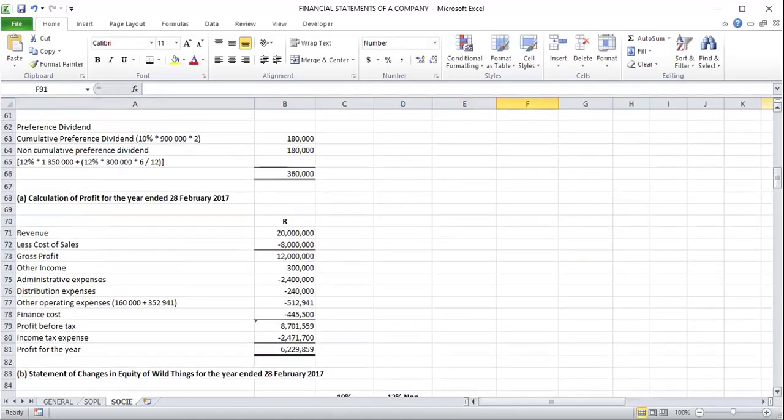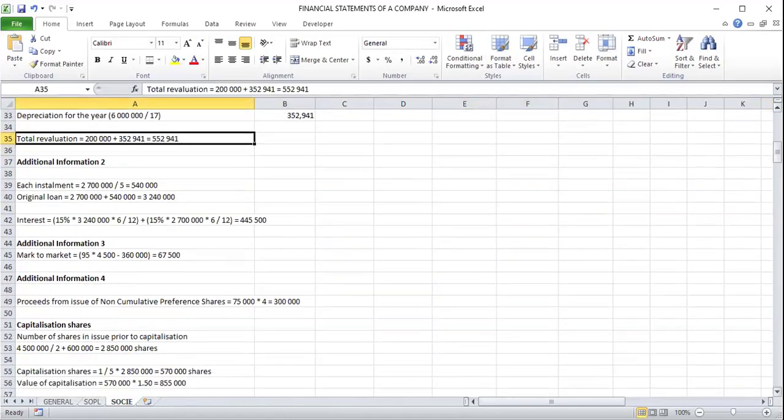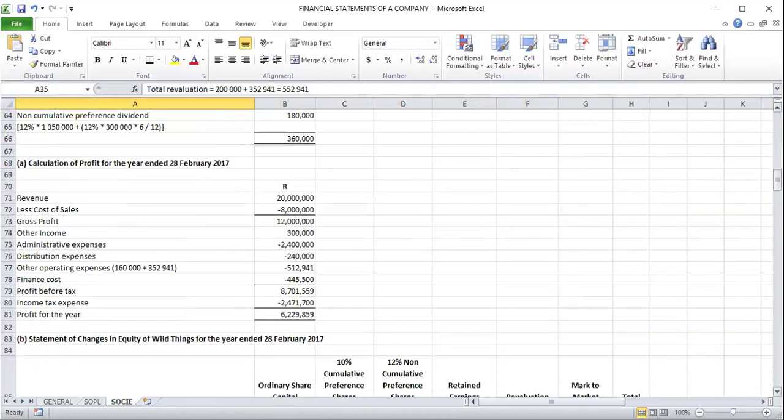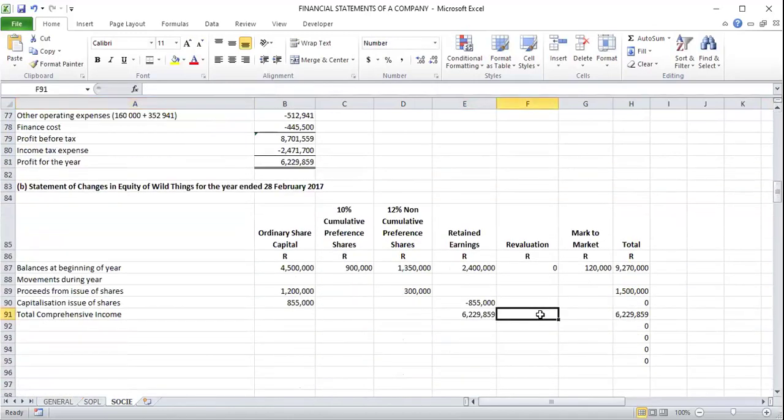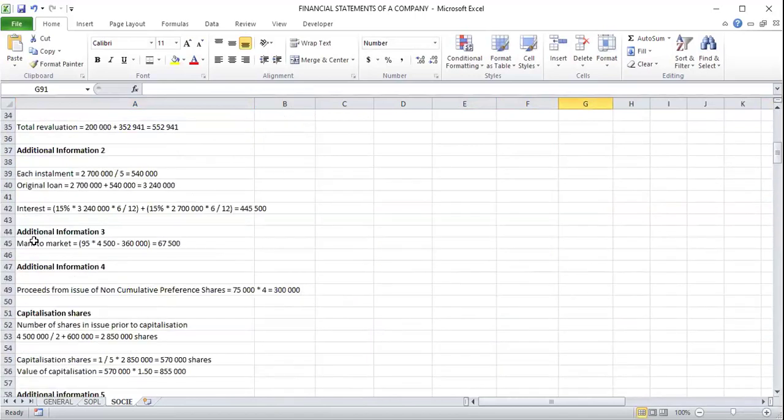We calculated on number 1, and we found that our total revaluation was 552,941. Then our mark to market, it was 67,500.